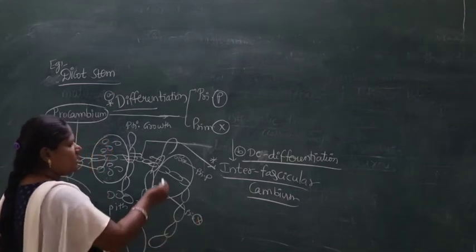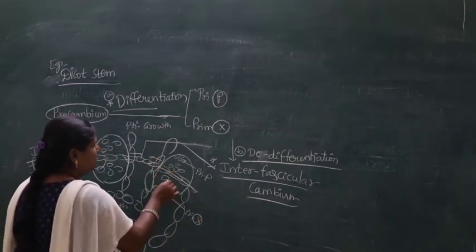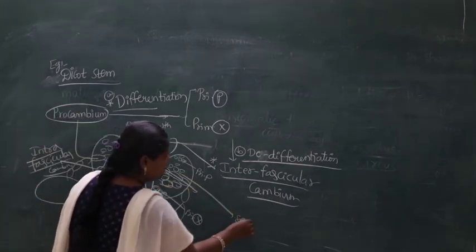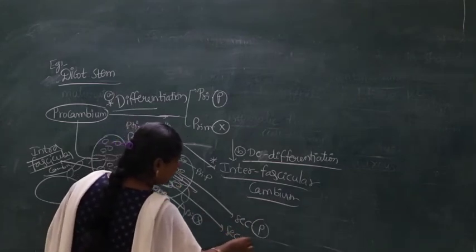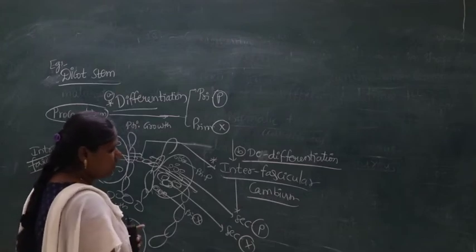Further what happens? Cambium undergoes cell division, leading to formation of the cells. So formation of secondary phloem, formation of secondary xylem, both will occur. Okay, both will occur.